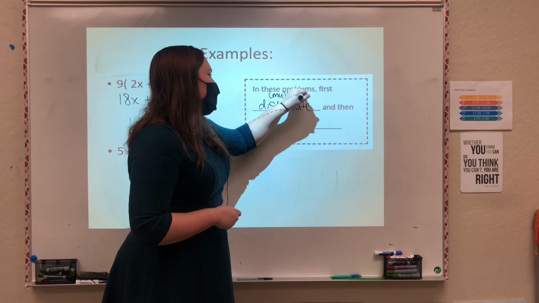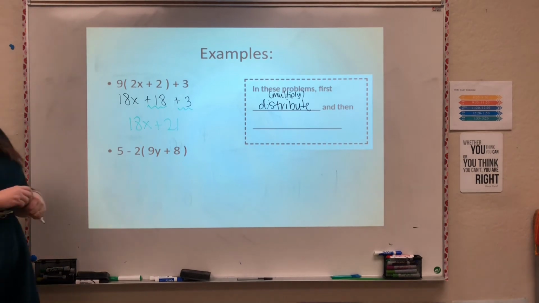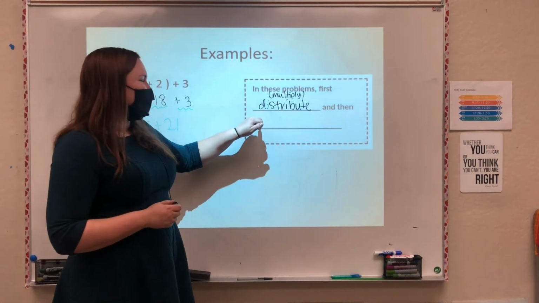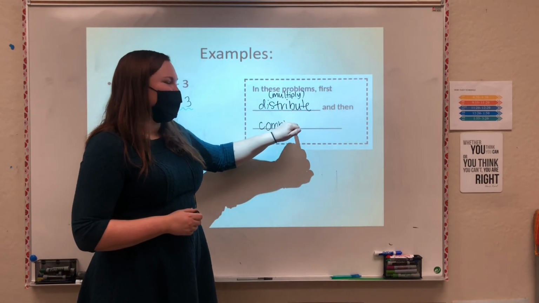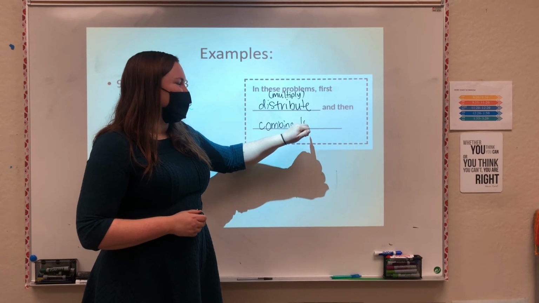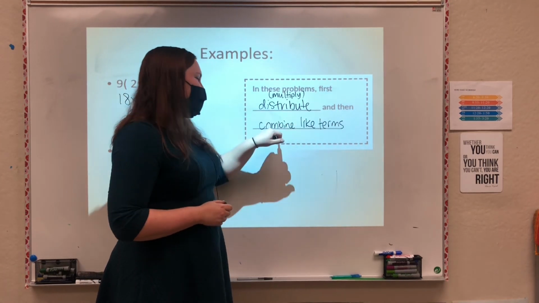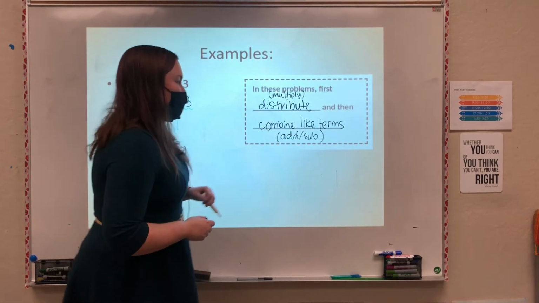And then after we distributed, what did we do then? We added. Do you remember the math word from yesterday? Combine like terms, which is just adding or subtracting things.